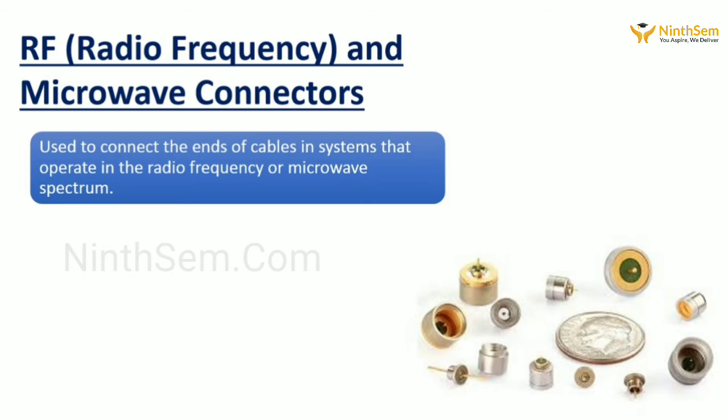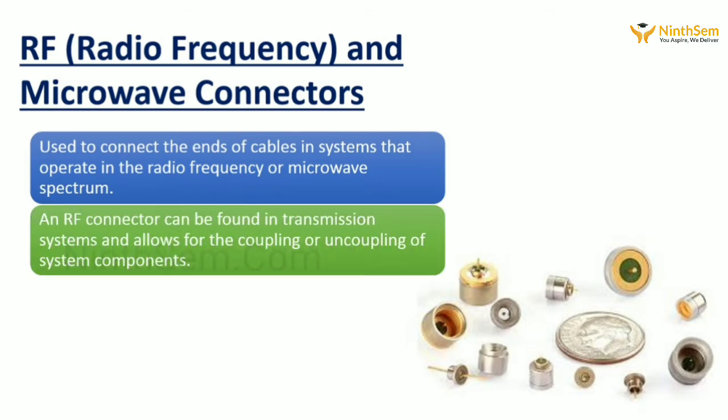And on the other hand, radio frequency refers to the alternating current that generates an electromagnetic field suitable for wireless broadcasting and communication if the current is input to an antenna. An RF connector can be found in transmission systems and allows for the coupling or uncoupling of system components.